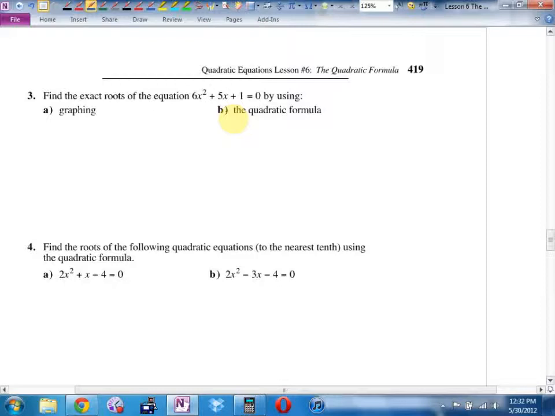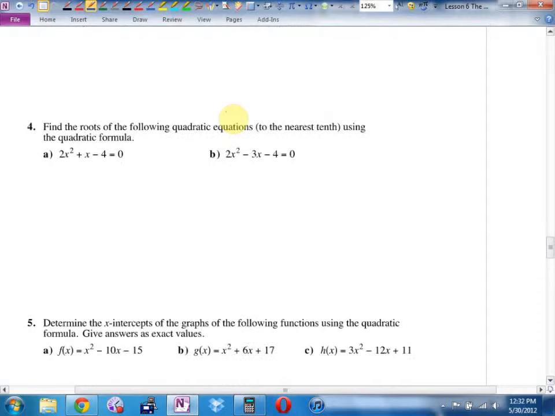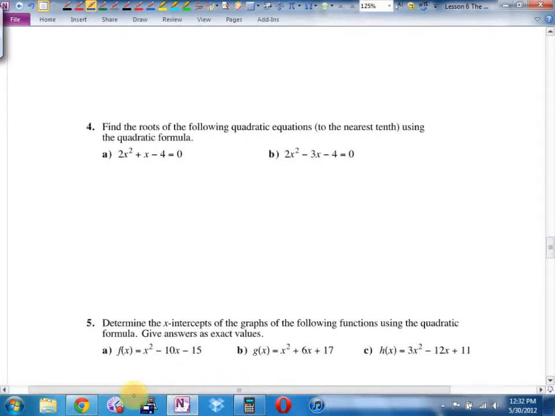This one factors. I'm not going to use the quadratic formula. Let's try number 4. If this factored, there would be two numbers that multiply to negative 8 and add to positive 1. Are there? This is a job for the quadratic formula.